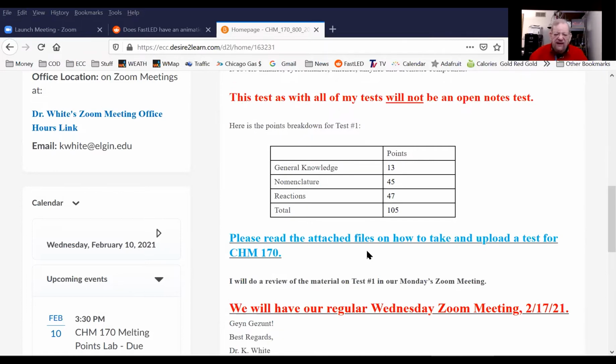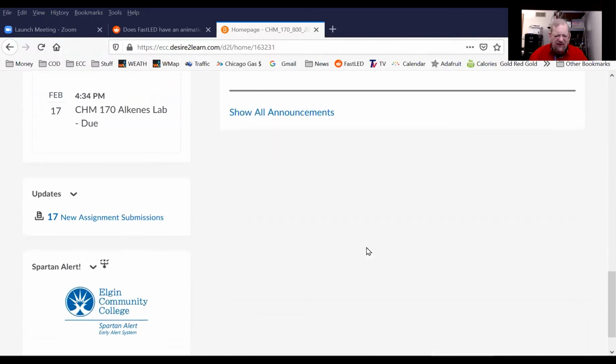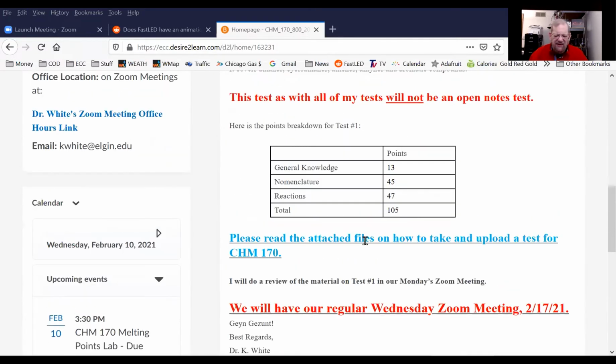Now, I don't know if I attached it to this one, I don't think I did, but in D2L there are files where I've shown you how to make and upload a test as a single PDF file. If you have a scanner, you can do it directly from your scanner. If you don't have a scanner, then you can use apps.